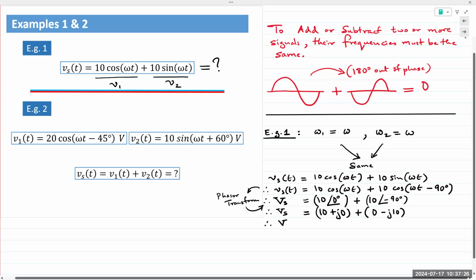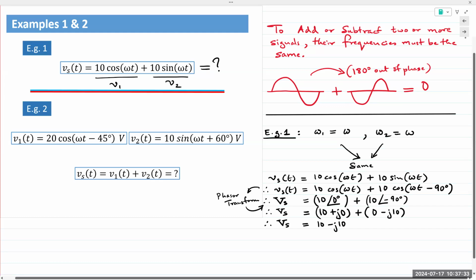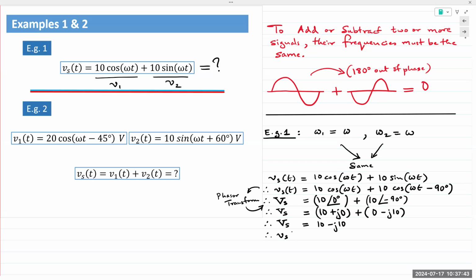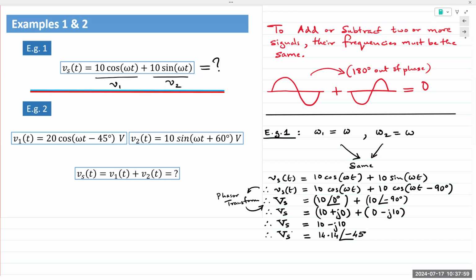The next step would be to perform the math, and so this would be 10 minus j10. And at the end, I have to go back to the time domain. That means I need to perform an inverse phasor transform. So I'm going to convert this back into polar coordinates. 10 minus j10 in polar coordinates gives a magnitude of 14.14 with an angle of minus 45 degrees.